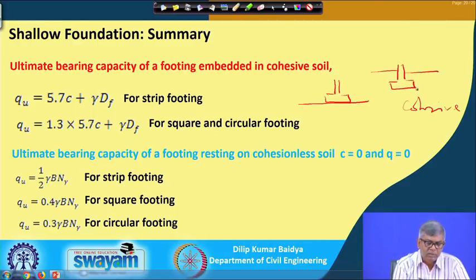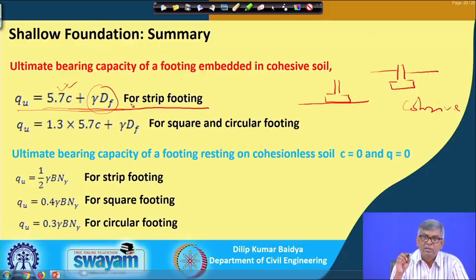So, for strip footing it will be 5.7 C, which remains the same, and the second part was Q, since NQ is 1. So, if I add NQ as 1 and add Q, that means 5.7 C plus gamma D f is the ultimate bearing capacity of a footing embedded in a cohesive soil.